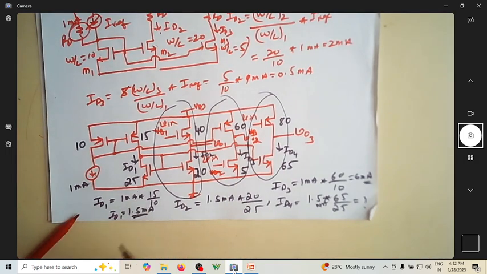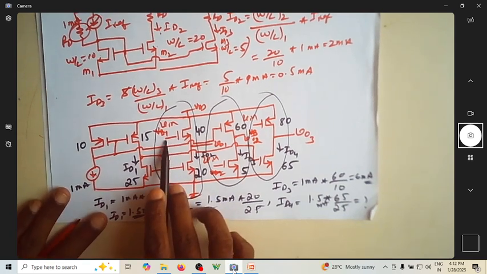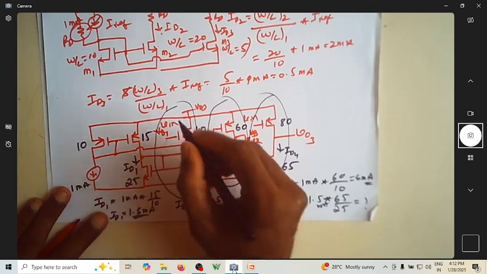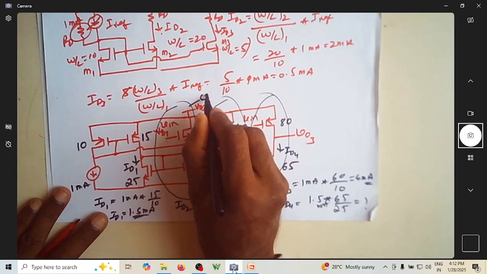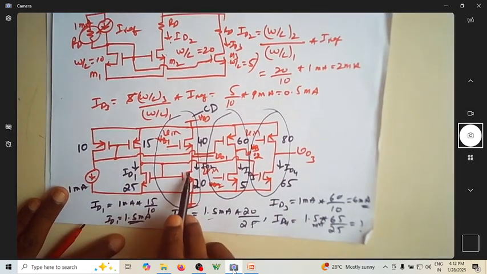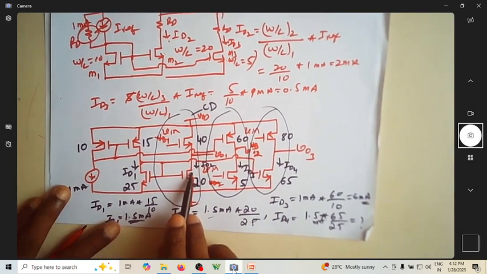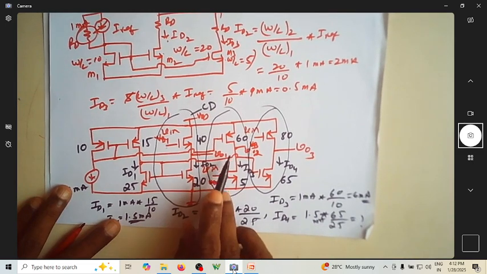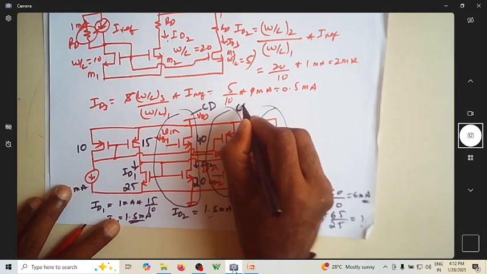Hope you got it. Maybe you can pause it, rewind it, and try to follow how I'm writing all these things. Let us carefully identify the amplifiers. The input is applied here and the output is taken here, so this is a CD amplifier with a load of R0. Here the input is given and the output is taken here, so this is a CS amplifier.